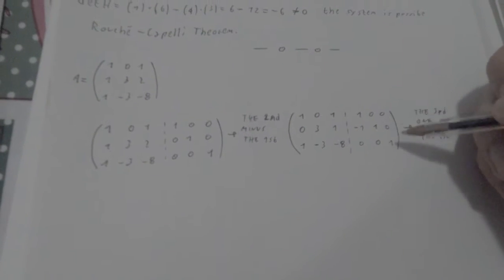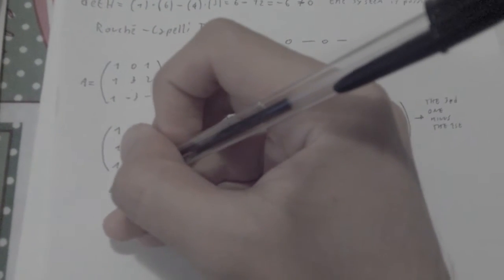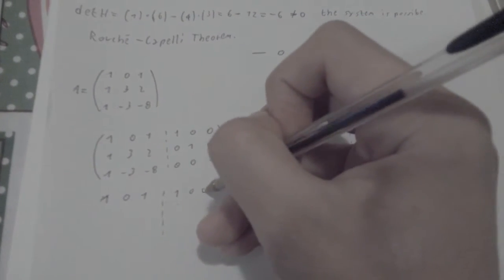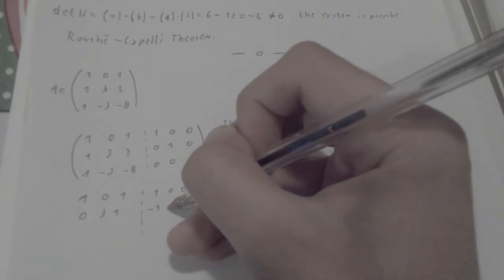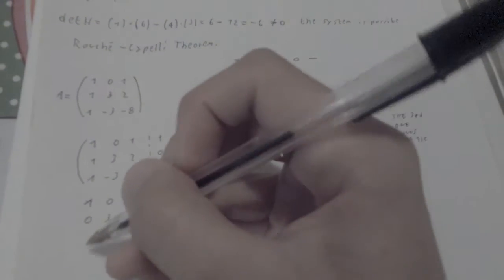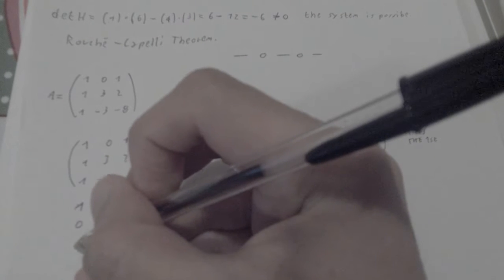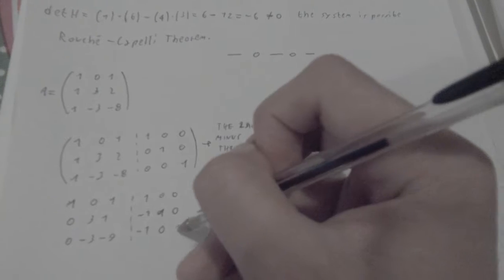So this is going to give me 1, 0, 1, 1, 0, 0. It's going to be the same. 0, 3, 1, -1, 1, 0 is going to be the same. And then we have the third one minus the first one. So this is going to become 0, -3, -9, -1, 0, 1.